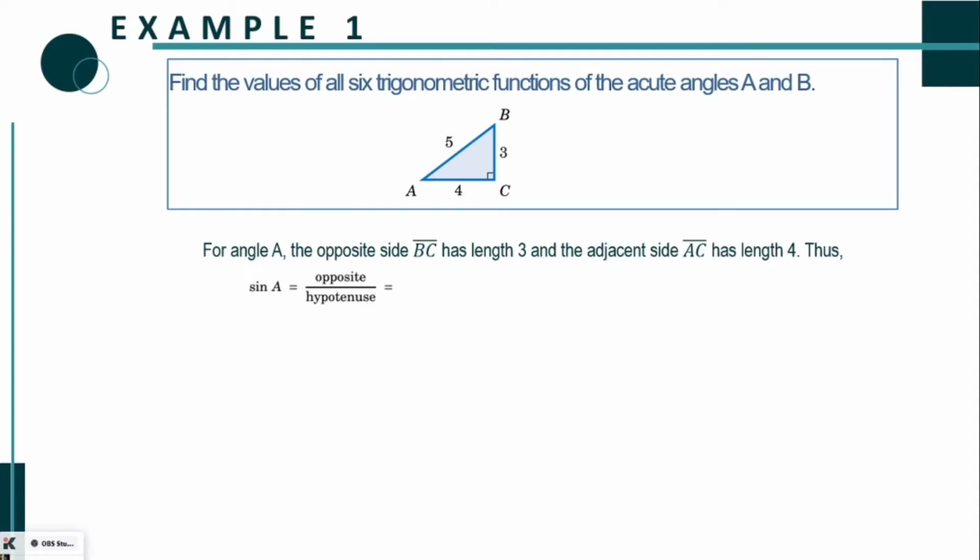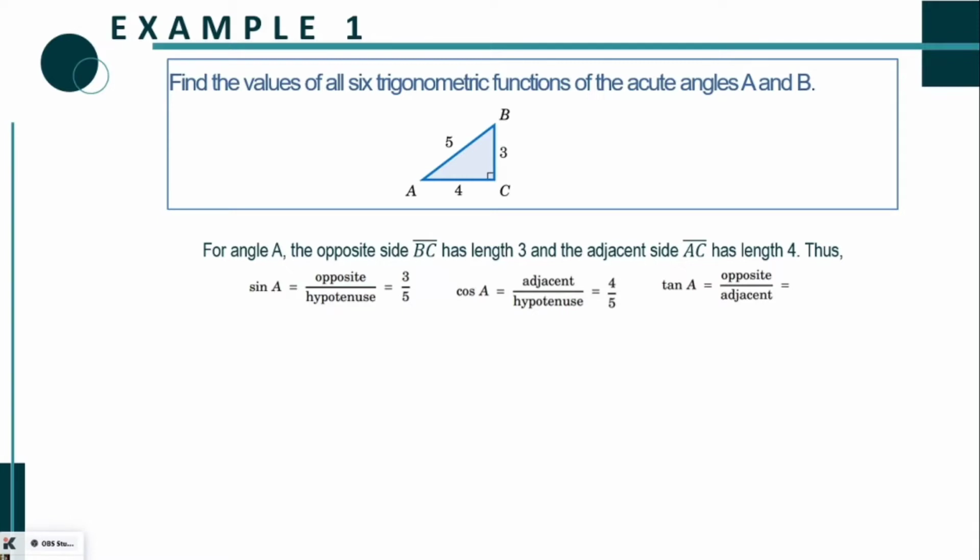That's 3 over 5. For cosine A, that's equal to adjacent over hypotenuse. The length of our adjacent side AC is 4 and the hypotenuse is 5. So 4 over 5.